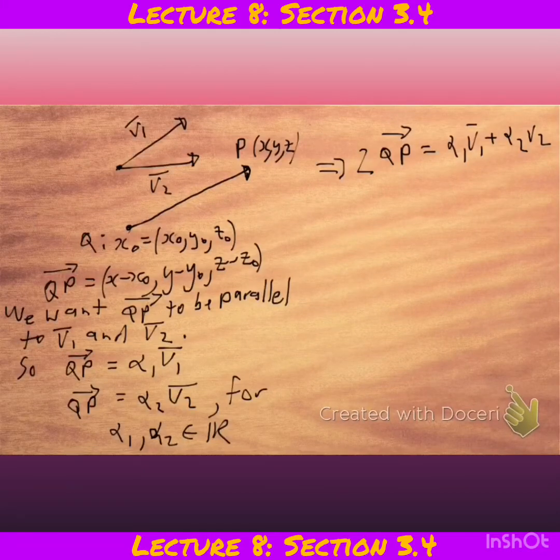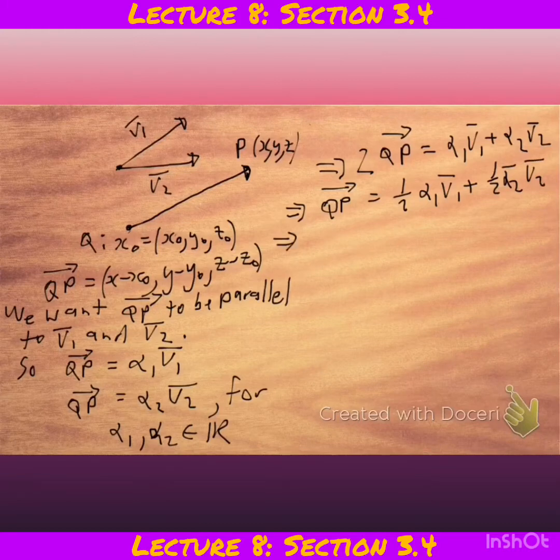Sorry about that. So that then is going to give you the vector QP is a half alpha 1 v1 plus a half alpha 2 v2.